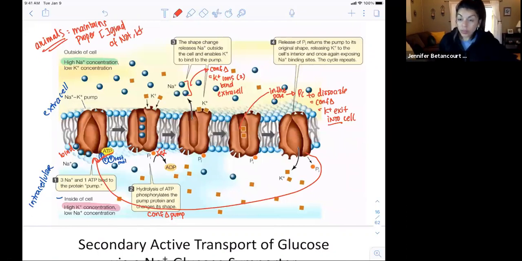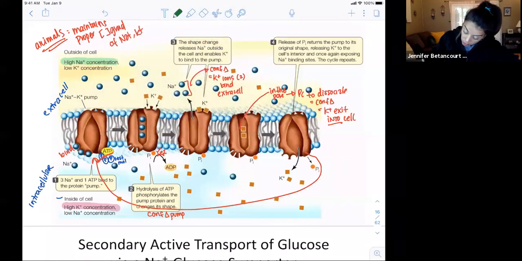Okay, so great, we just explained it, but what was the overall outcome? Just briefly recap: you took sodium, which was already low on the inside, and you scooted it outside. So at the very end of this, the concentration of, we did sodium in green.